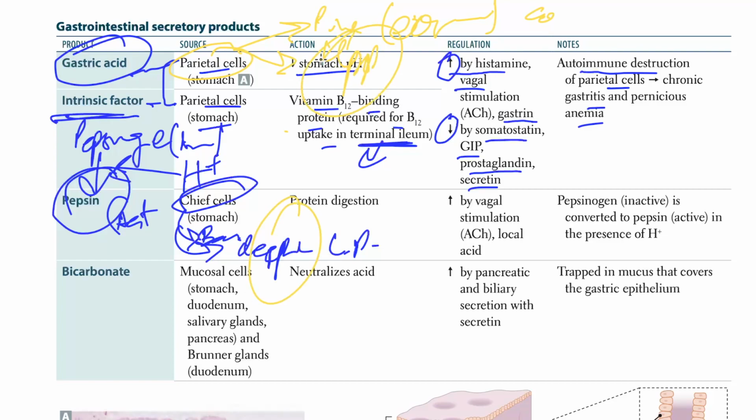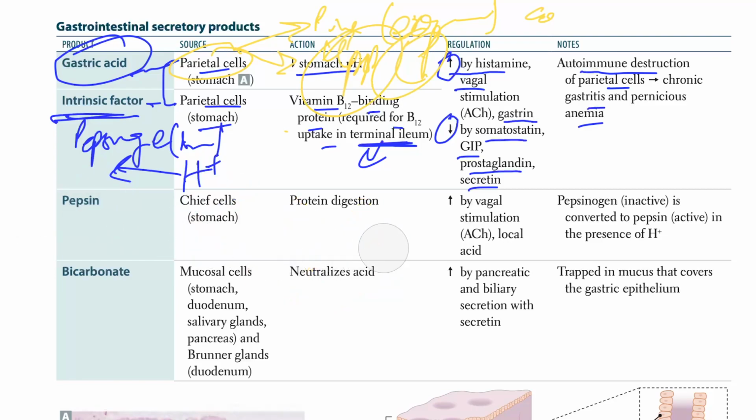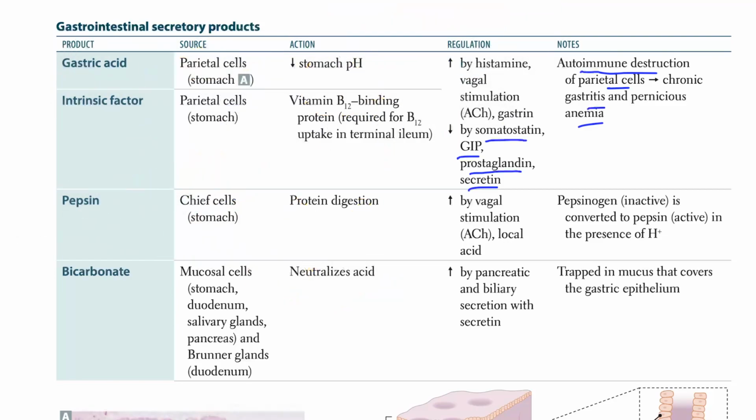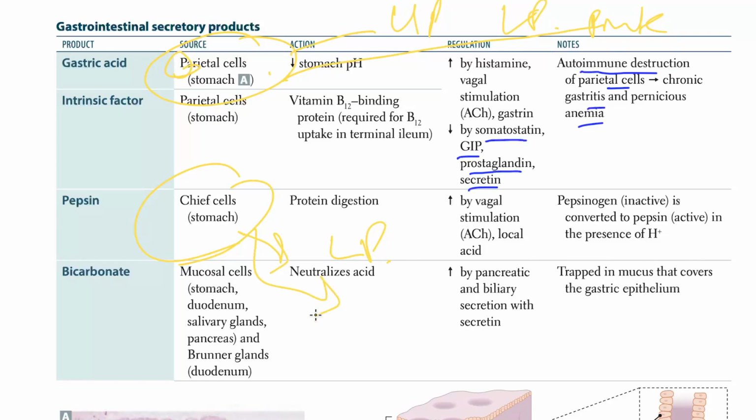So this is deep, this is upper. So just remember, parietal cells are up, chief cells are down. Parietal for P, pink. Chief cells, okay, one thing is pink, the other guy just got to be blue, right? Okay, so basophilic.